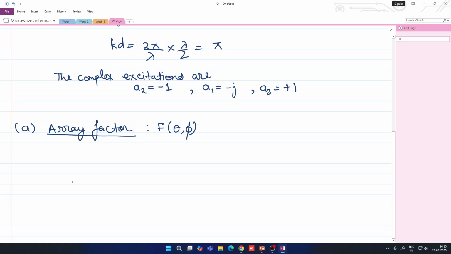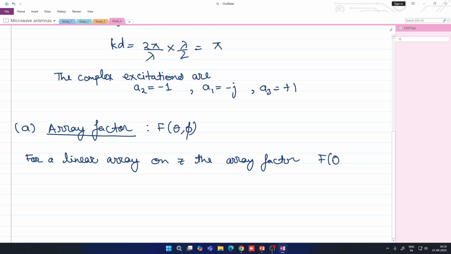Now for a linear array on the z-axis, the array factor is only a function of theta. It won't be varying with phi, because it's an isotropic source, right? That's why it just varies with theta.